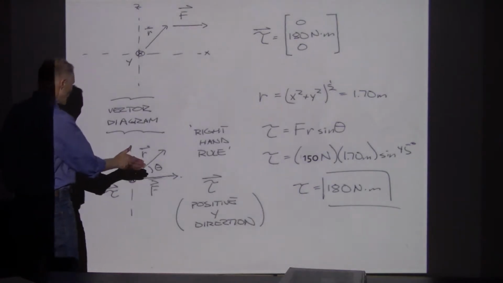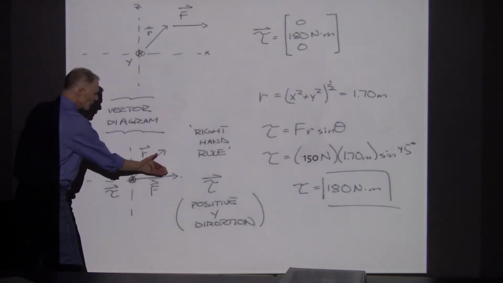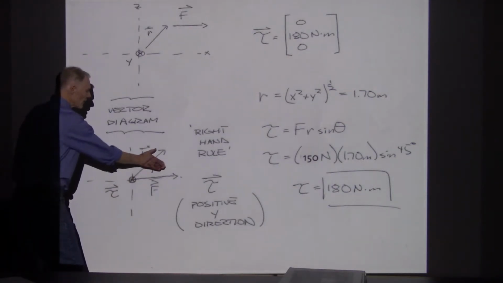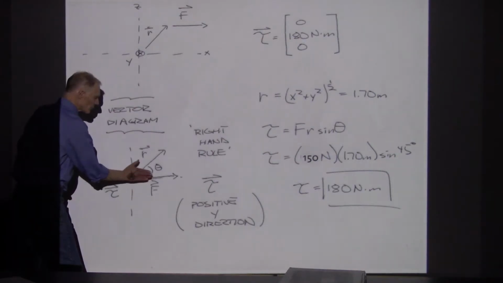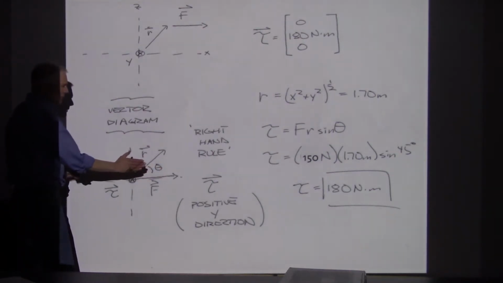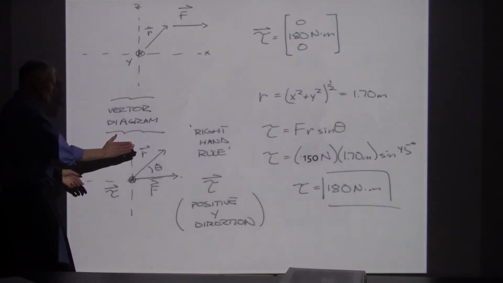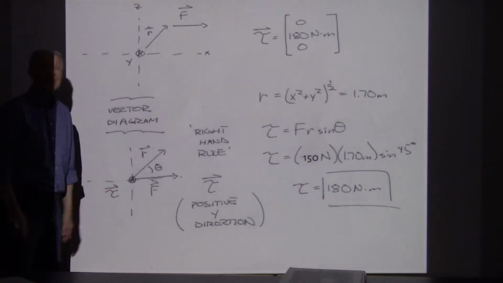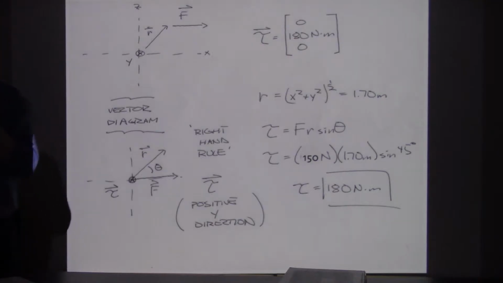So when we're calculating torque, the first vector was the lever distance. I put my thumb in that direction. The second vector was the force. I put my fingers there, and my palm is facing in the direction of the cross product, which is the torque, and that's going to be into the board.